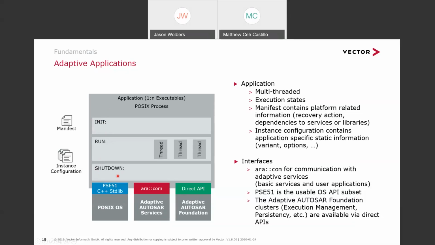Each adaptive application has a separate set of configuration files that goes along with it. So the configuration for the application is stored separately from the binary itself. And this configuration is referred to as manifest files.